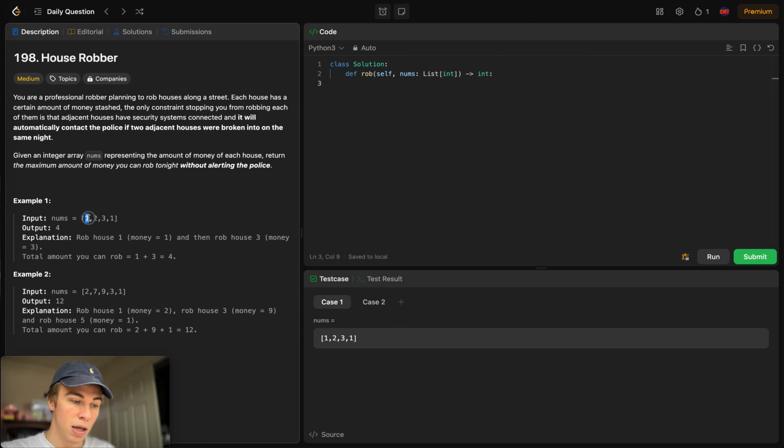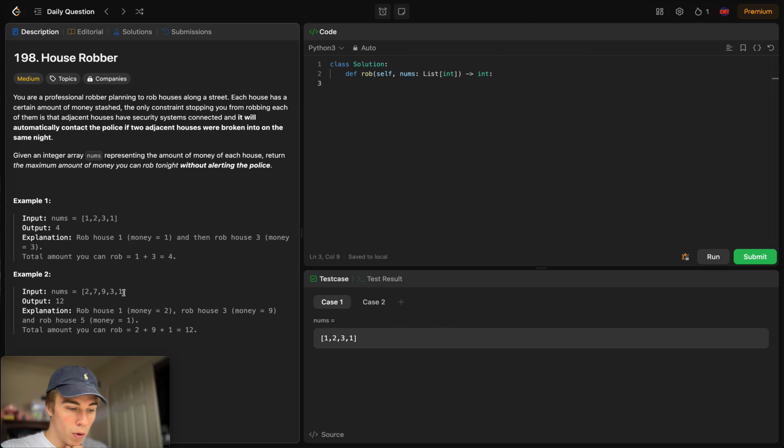So for example, if this was a 10 and this was another 10, then in this portion of the array we would be picking up the odds, and in this portion of the array we would be picking up the evens. So we sort of need to dynamically adjust what we're taking from the array, either the evens or the odds.